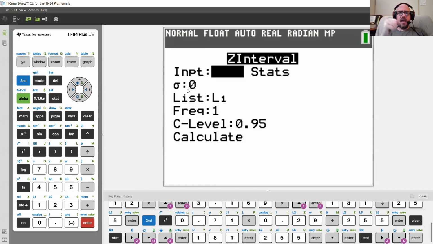So if you know sigma, you're pretty much guaranteed to know mu, right? It's very unlikely that you'll be able to find sigma without knowing what mu is in the first place. And if you know mu, there's no reason to make an interval. You don't need to estimate it if you already know what it is.